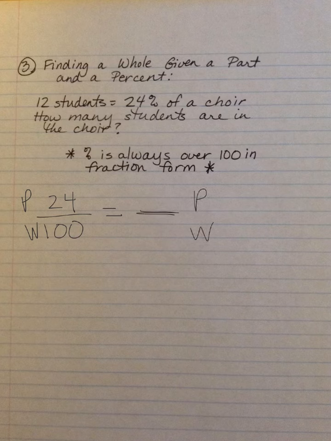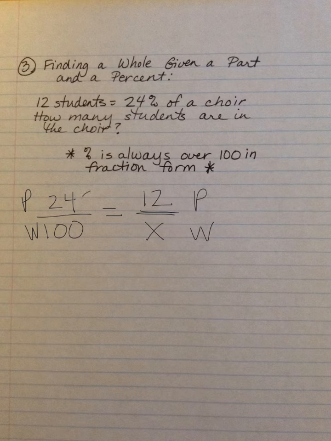And I don't know my whole, so my whole is going to be x, but I say 12 is my part. So I'm going to say 24 over 100 equals 12 over x. Because this basically says 24% is 12 out of how many students total.